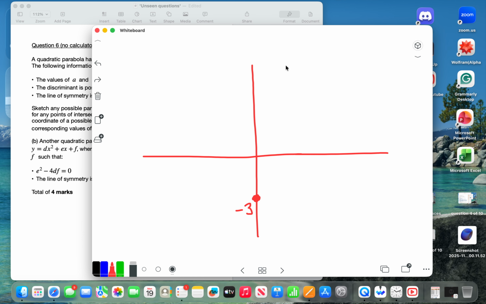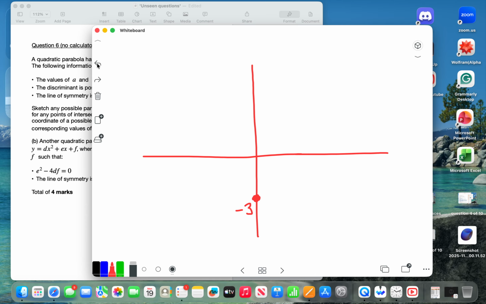So suppose x equals 2 is the line of symmetry. We don't have to include the line of symmetry, but let's suppose x equals 2 is the line of symmetry.